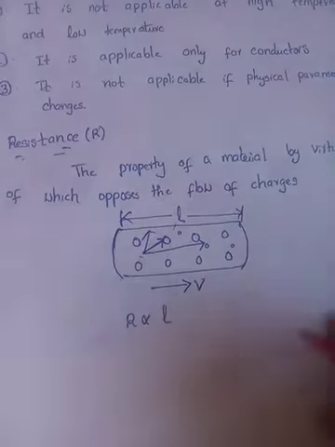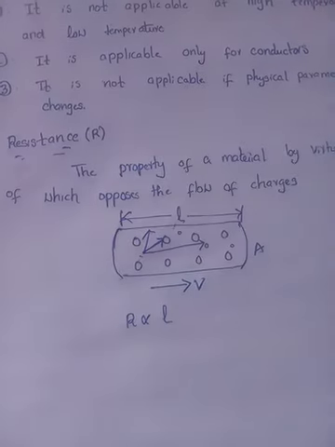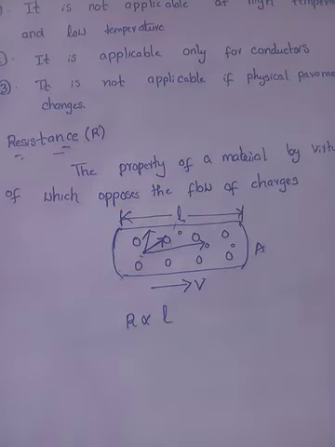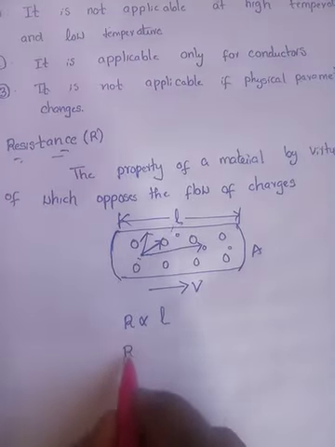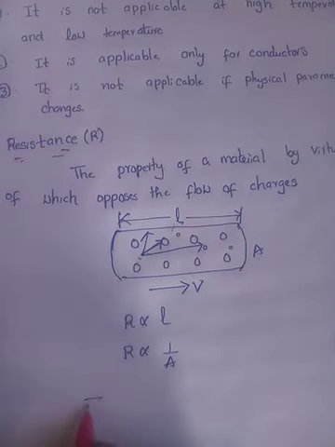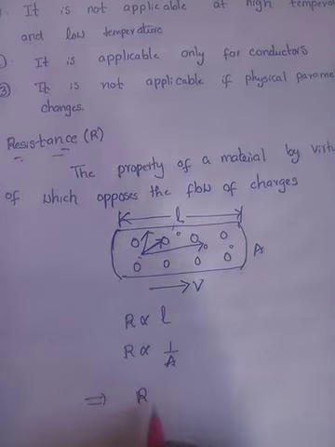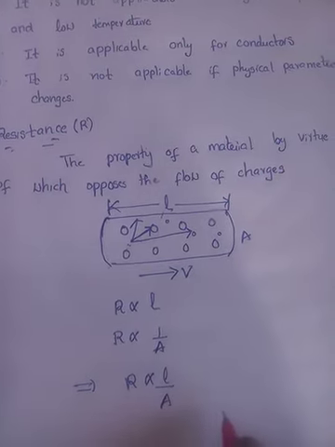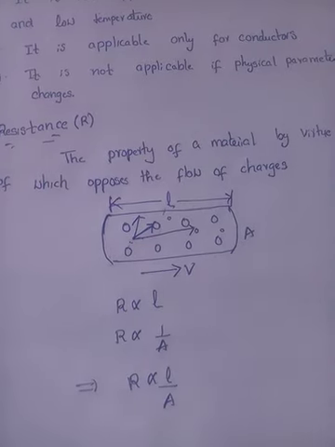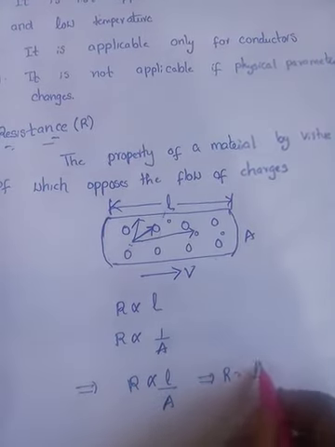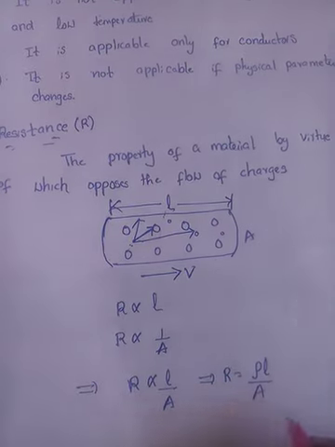Now if you increase the area, the electrons gain more space, so they can move in different ways, and the probability of collision decreases. So R is inversely proportional to area of cross section. That implies R is directly proportional to L and inversely proportional to A. That implies we can write R equals rho L by A.